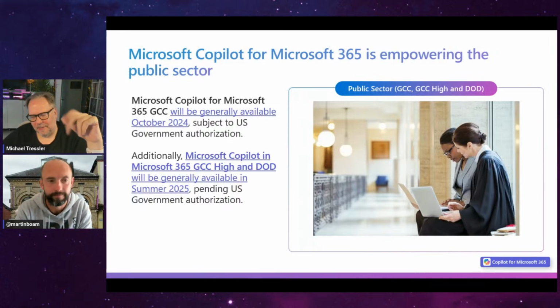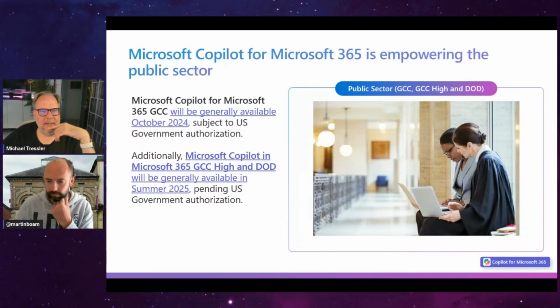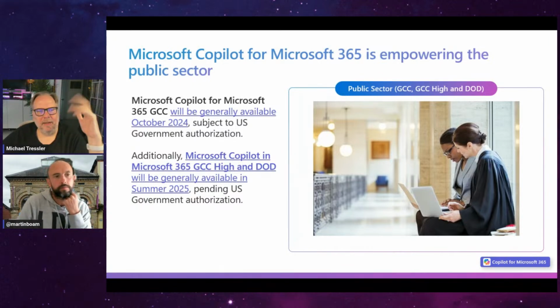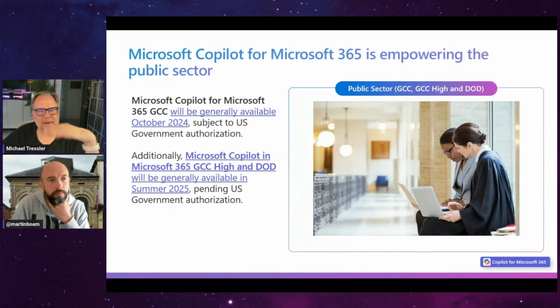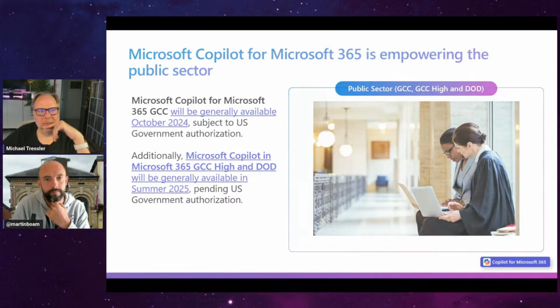The lowest tier, the government community cloud, is used by a lot of city, state, and even private companies that deal heavily with government, where they don't need the insane security that comes at the highest level, DoD. So for GCC regular, it's always like a 6-month delay, and then when you get to DoD it's like a year delay, if they even get the feature. So that's kind of what we're talking about here.